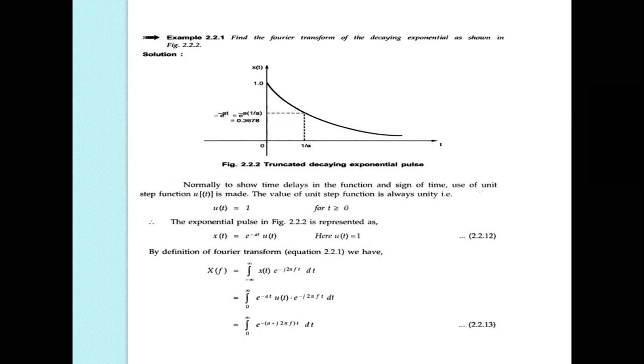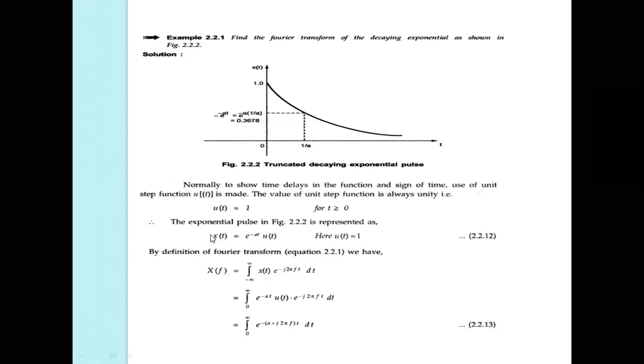It is also a decaying exponential signal, but it is repeated with an interval of 0 to 0.5. The time period T is 0.5, and the exponentially decaying function is repeated every 0.5. But now we are finding the Fourier transformation of the decaying exponential function.